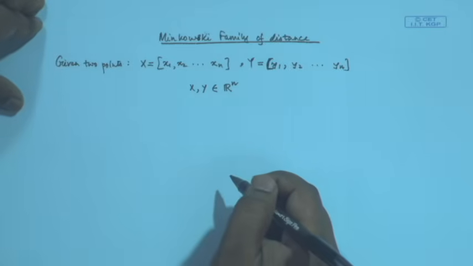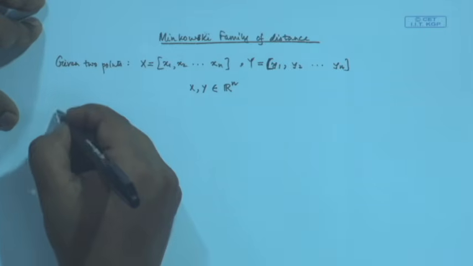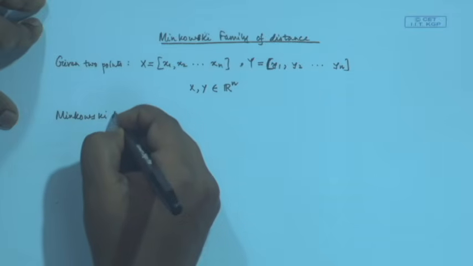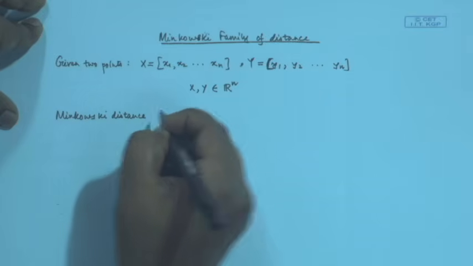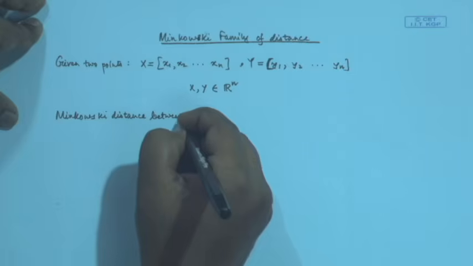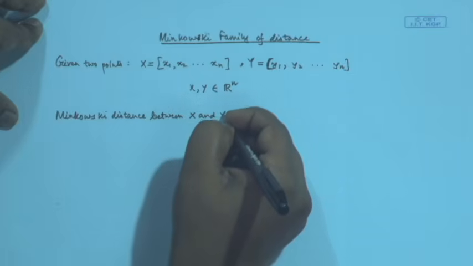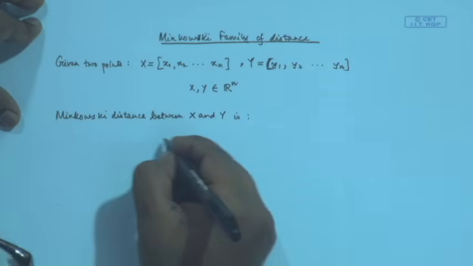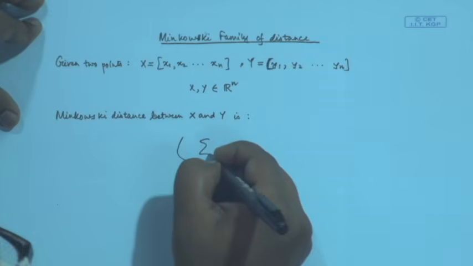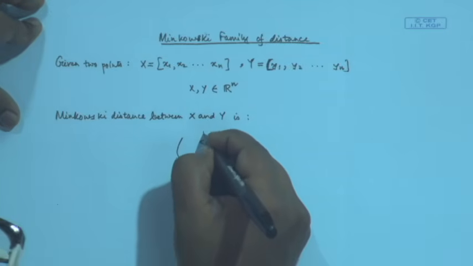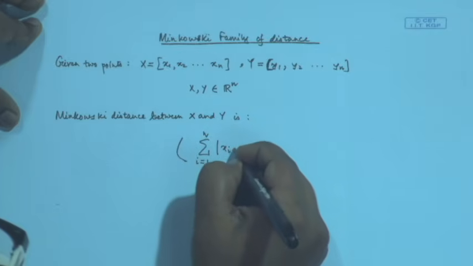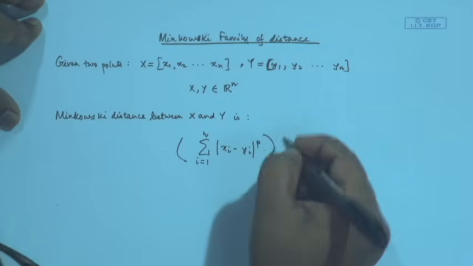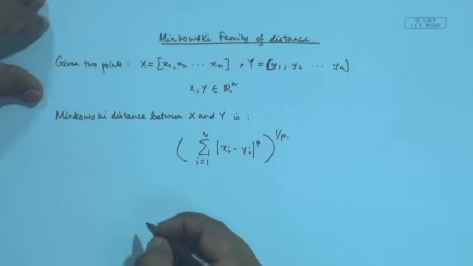The Minkowski distance between points x and y is given by this thing: summation i equal to 1 through n of |xi minus yi| raised to the power p, and everything raised to the power 1 by p.